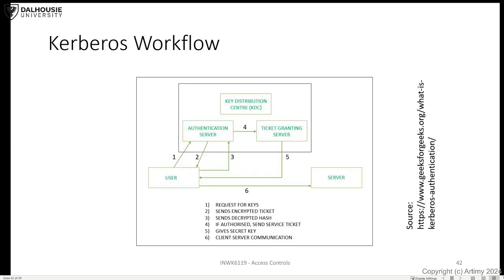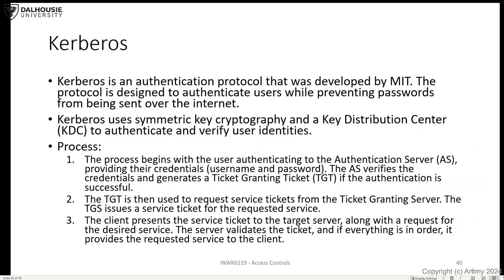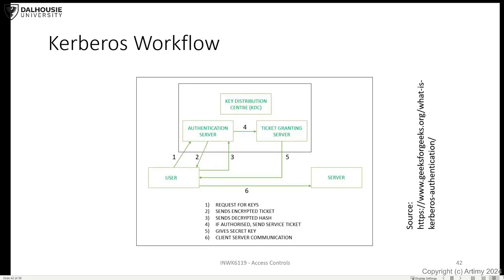So in step 5, the ticket granting server gives you a secret key, which is the service ticket here, and the user from that point on uses this secret key to talk to the server, the actual target, the actual resource that it wants to access, right?